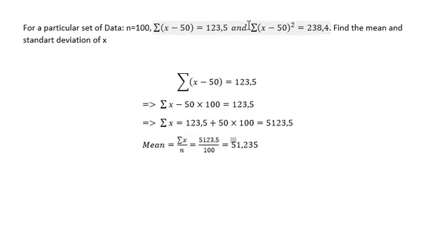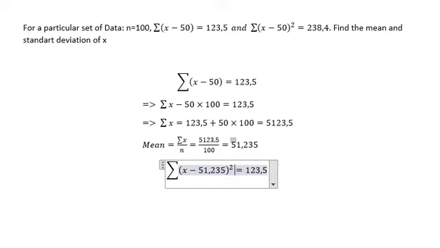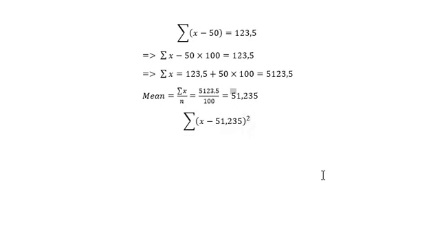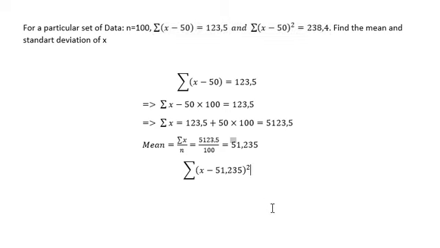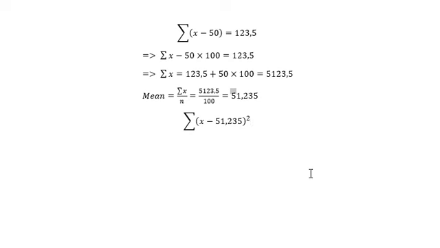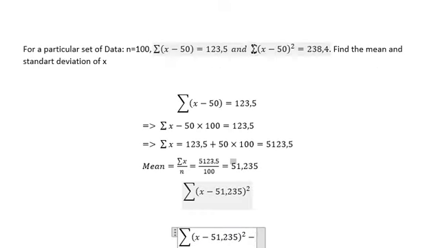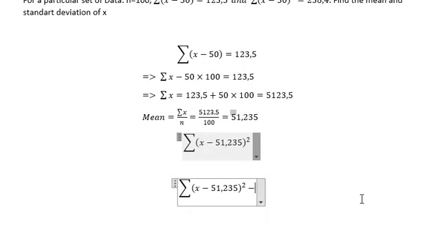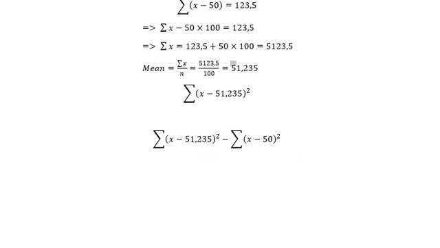Now we need to calculate the summation of (s minus the mean) to the power of 2. To calculate this value, we use this one and this one, and subtract them.